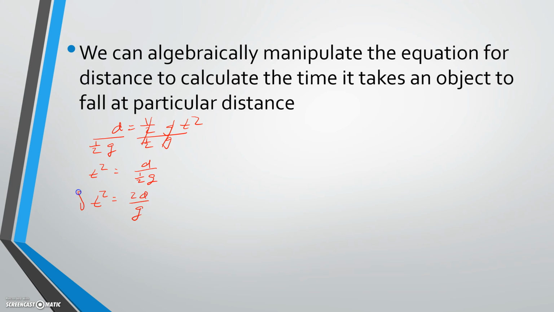And then we'll take the square root of both sides to get t by itself, and we're left with t equals the square root of 2d over g. Again, the t is going to stand for the time it takes. D is going to stand for the distance that the object free falls. And g is going to stand for our acceleration due to gravity, which is that 10 meters per second squared.